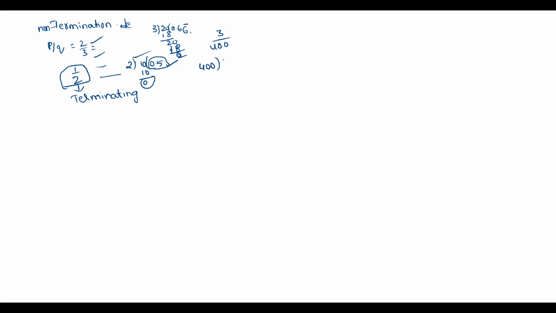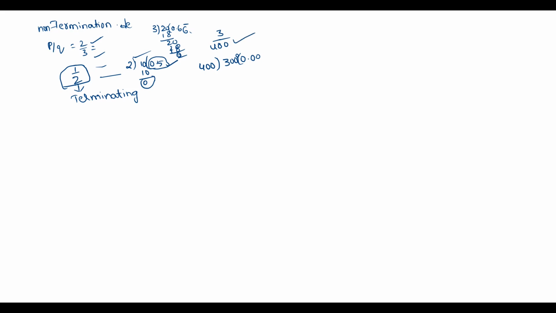Here it will not divide, so we add another 0, and it continues. So it is a long process, and it is not a simple way to calculate these types of numbers in decimal form.